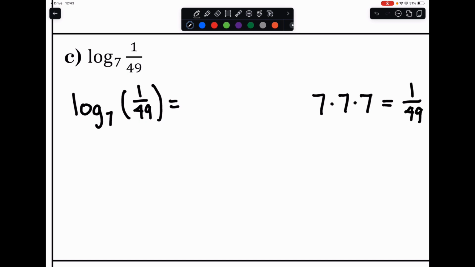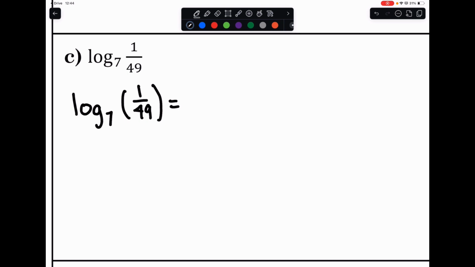Which is kind of weird to try to get, because I want the ratio of 1 over 49. Well, this has to do again with a fraction. So instead of trying to figure out how many 7s I need to get 1 over 49, the idea would be to get the reciprocal of that, how many 1 over 7s I need to get that value.